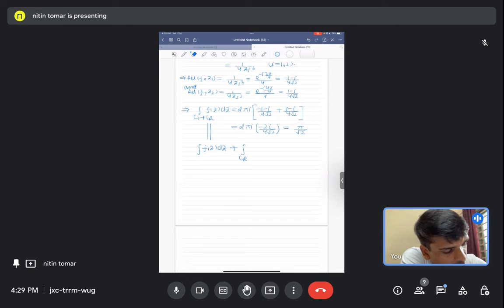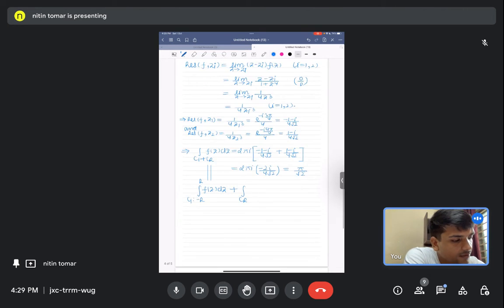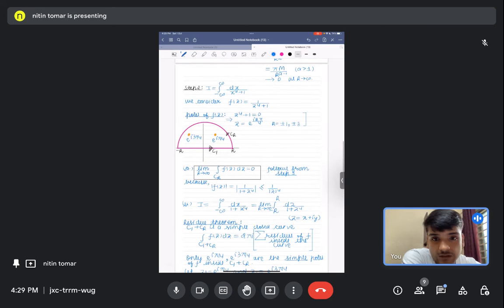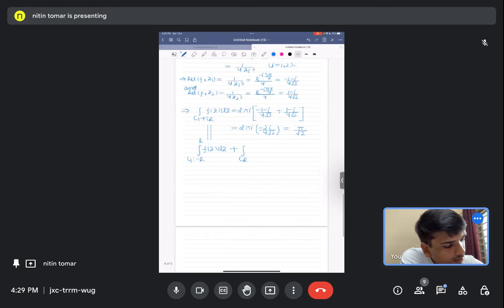C1 was minus R to R, and CR was the semicircle arc, as you can see in the figure. So the sum is pi by root 2. Now as you can see, this RHS is independent of R, right?